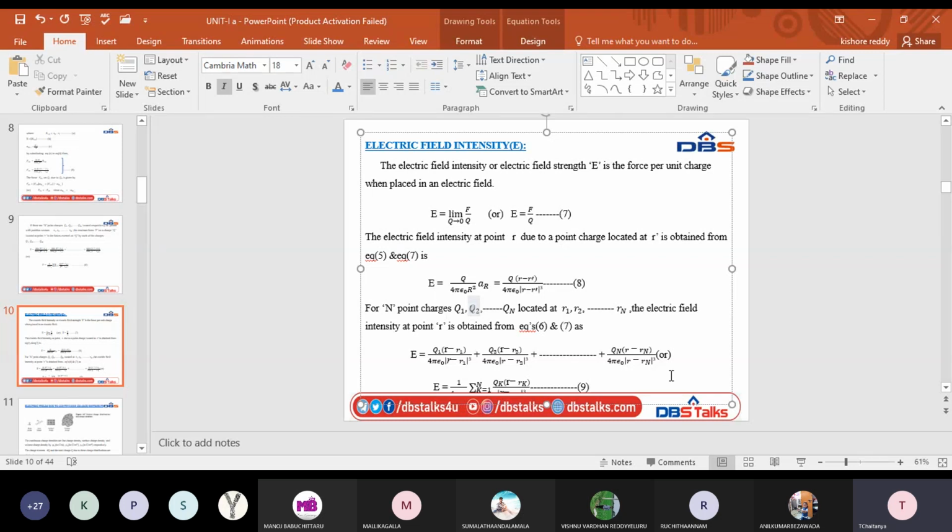You will get E equals q1 (r minus r1) divided by 4 pi epsilon naught |r minus r1| whole cube plus q2 (r minus r2) divided by 4 pi epsilon naught |r minus r2| whole cube and so on till n charges. This is a generalized representation of electric field intensity.